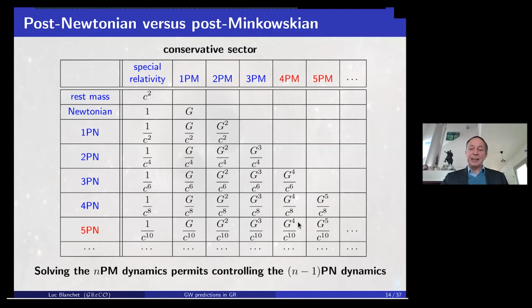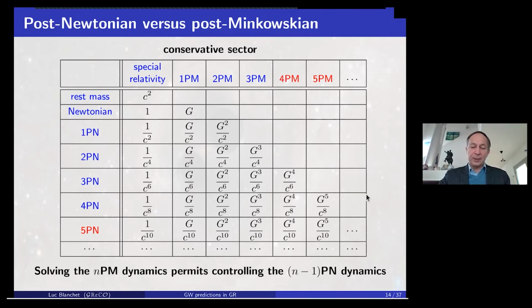So you see that if you control the nth post-Minkowskian dynamics, say 3PM, then you are able to fully control the 2PN dynamics, because you are able to compute all these terms. However, at 3PN, there will be a G^4, which is out of reach of your 3PM approximation. So you will need to go to the 4PM approximation.